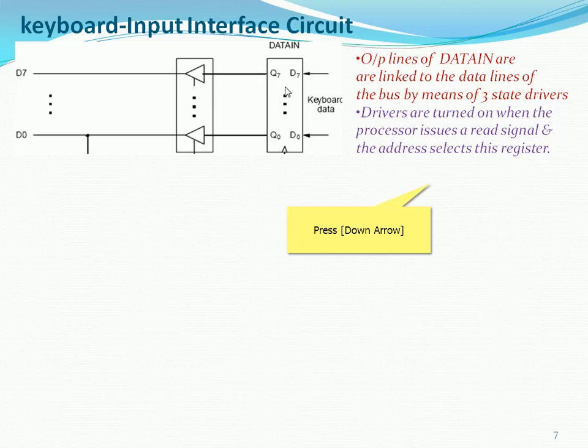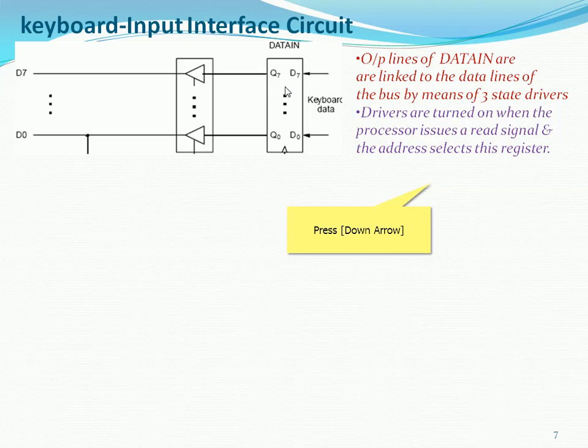Data enters from the keyboard to this flip-flop, and then goes to the tri-state driver, which is controlled by this input. If this input is high, or 1, the input becomes the output; otherwise no output is generated. Similarly, all the tri-state drivers work the same way. The complete data will be there at D0 to D7.